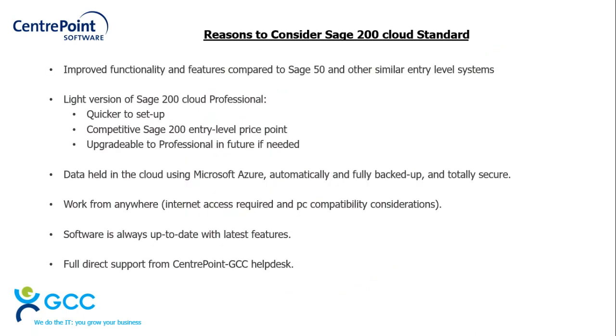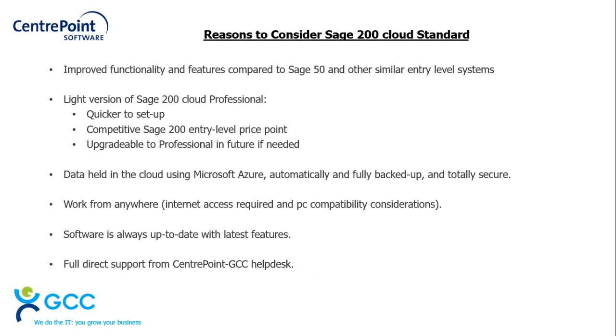Reasons to consider. Again, as I said earlier, this is a tricky one because every person tends to have different needs and requirements. This is all, again, fairly summarised. In positioning Sage 200, I'll mention Sage 50 a few times. Some of you on this workshop will be using Sage 50, so it will be pertinent to know some of the differences.